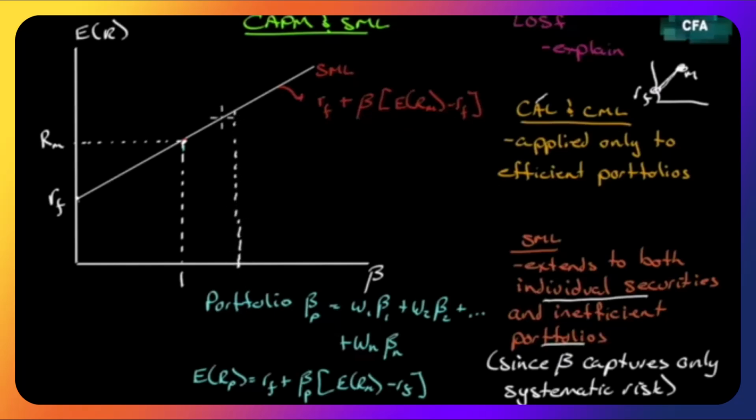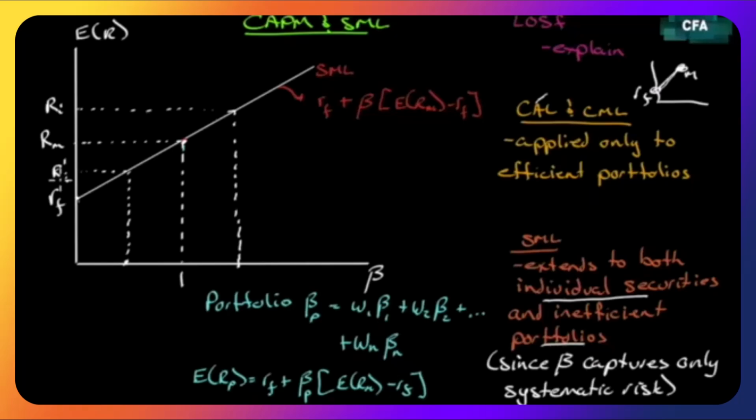If we find that the asset or a portfolio has a beta here, the security market line implies that it should have a required return here. So it's easy enough to determine a required return or the expected return on any asset given its systematic risk. That is the security market line.